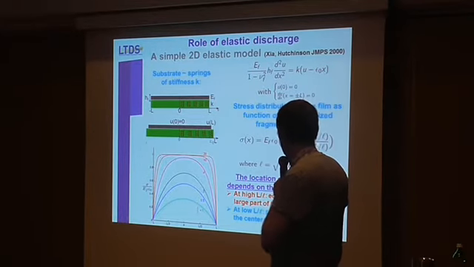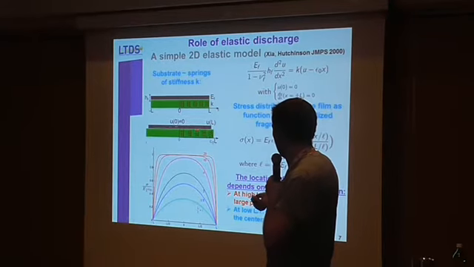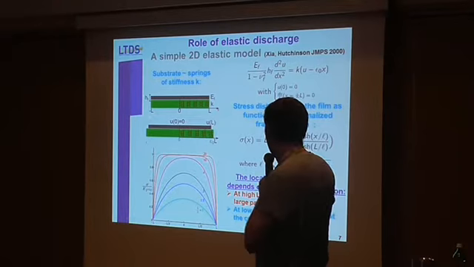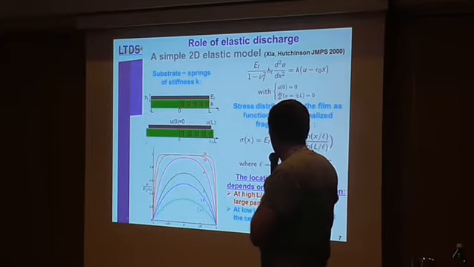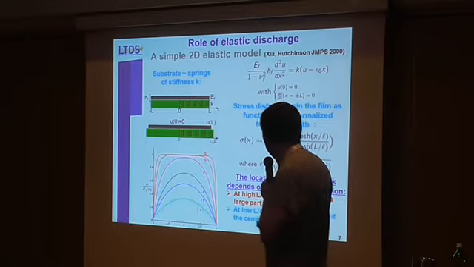So this time, big L is the size of the fragment, the size of the blue part here in the drawing, and this is normalized by the elastic discharge length that I previously presented.